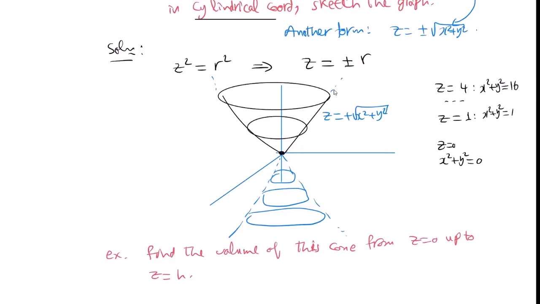This means this part. Let this not be the 4 or the 16. Let it be h, z equals h here. We need to find the volume of this cone.